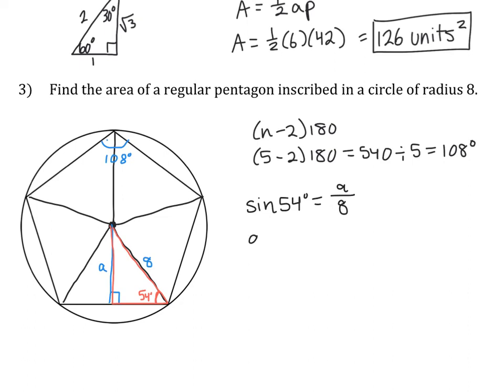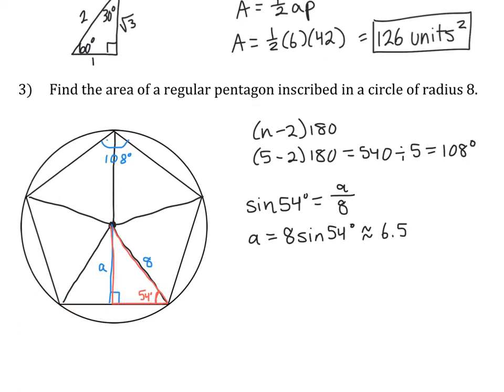And then if we multiply both sides by 8, we get 8 times the sine of 54 degrees, which we can plug into our calculator. And we'll round it to the nearest tenths to get approximately 6.5 units. So that's our apothem.